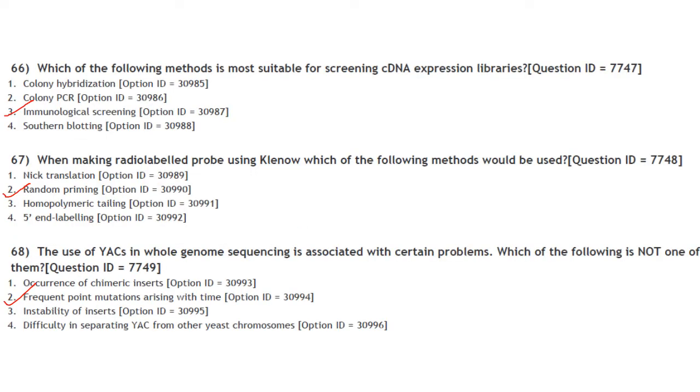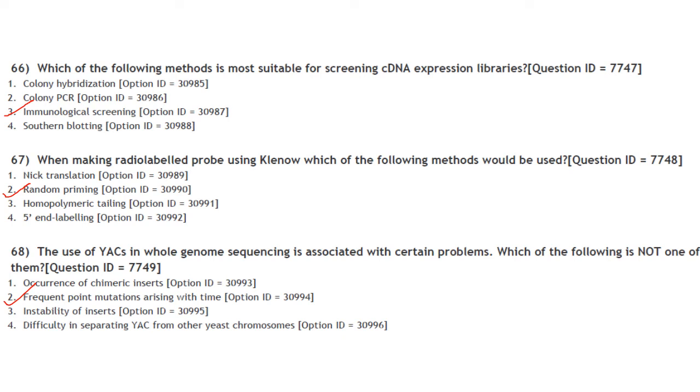Then which of the following methods is most suitable for screening cDNA expression libraries? It is immunological screening. That is the most suitable method for screening cDNA libraries. Then when making a radio-labeled probe using Klenow, which of the following methods would be used? Random priming. Now random priming uses short oligonucleotides, approximately 6 nucleotides long, and these are random sequences which prime the denatured target DNA at numerous sites.